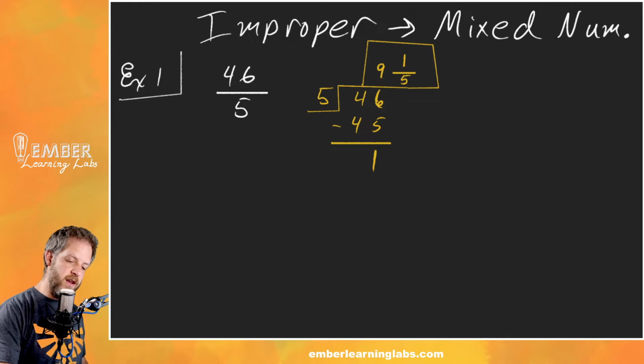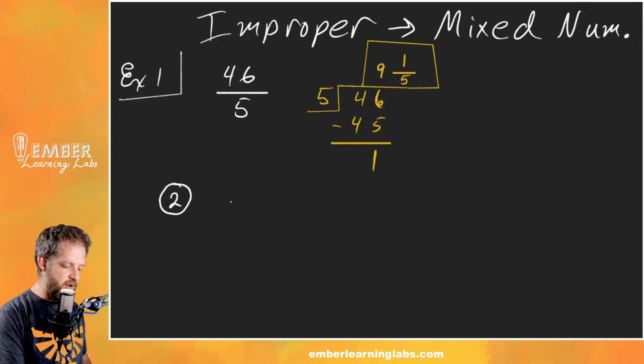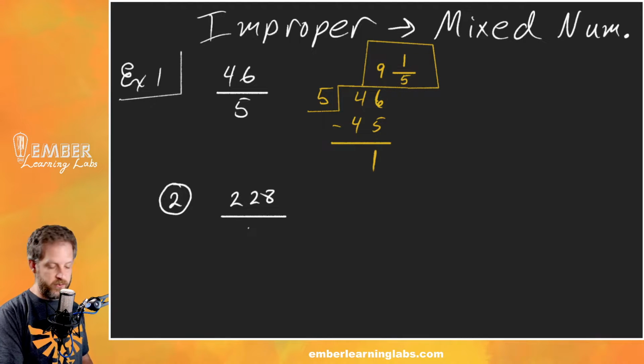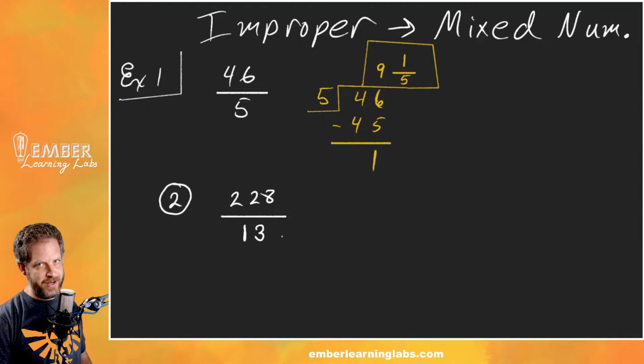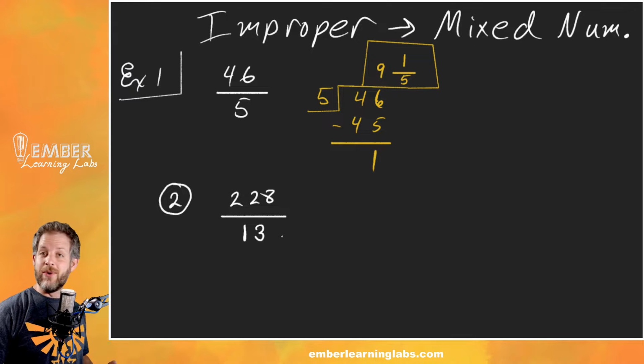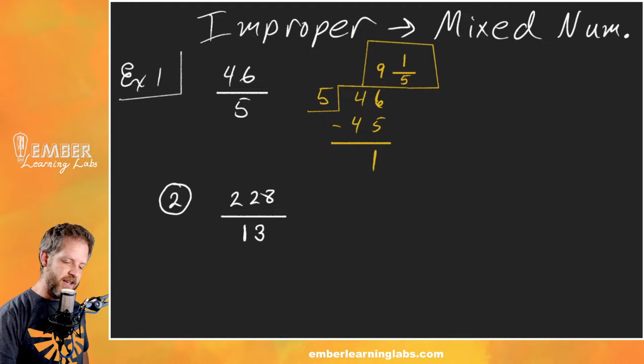Let's do another example. Example number 2. Let's do 228 thirteenths. We'll make it a little trickier, because why save all the tricky ones for the homework? That seems sketchy, doesn't it? So we're going to do the same thing to this guy.